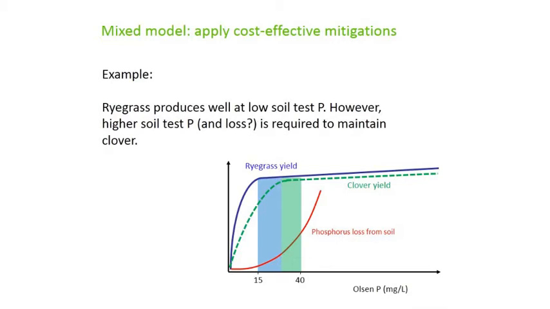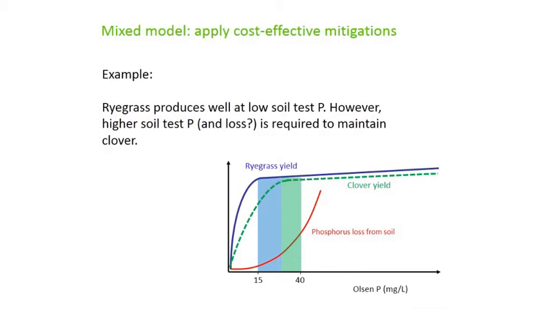Now, this is one of the newer mitigation strategies that we've developed over the last 2 or 3 years, and it utilises the theory that we fertilise on the basis of producing clover. However, we don't need to do that. We can split them out into monocultures. And if you look here, ryegrass performs much better at a lower Olsen-P than does clover.